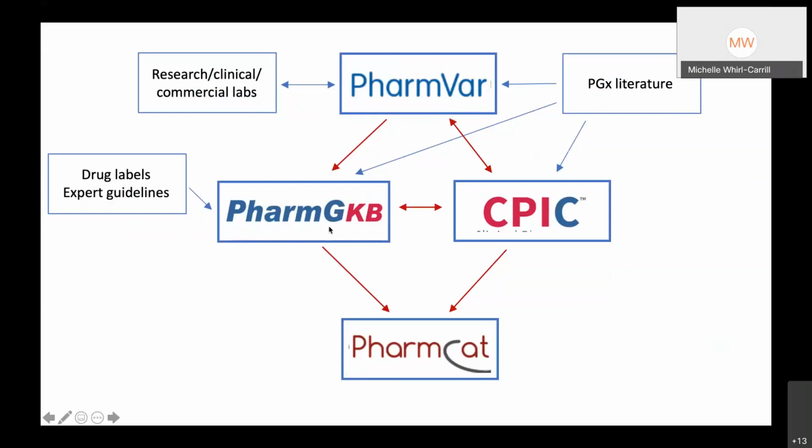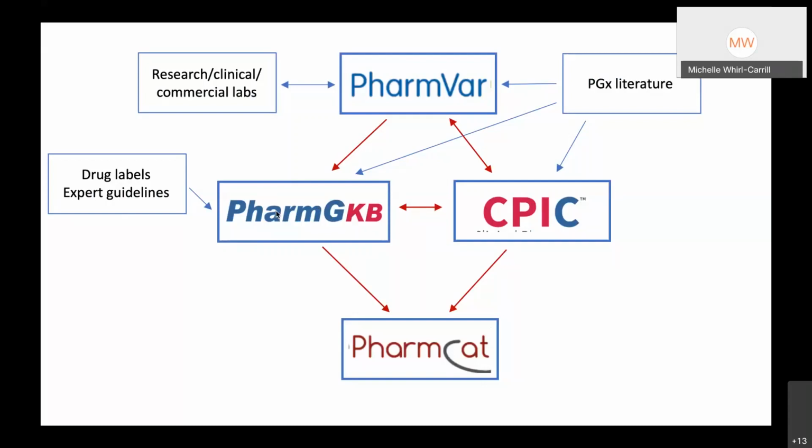We evaluate many more drug gene and variant drug pairs and associations than CPIC does, but on maybe a more basic level. So PharmGKB can inform you extensively on what has been published about the interactions between genes and drugs, but we don't give you guidance on what to do. We tell you what could be done.